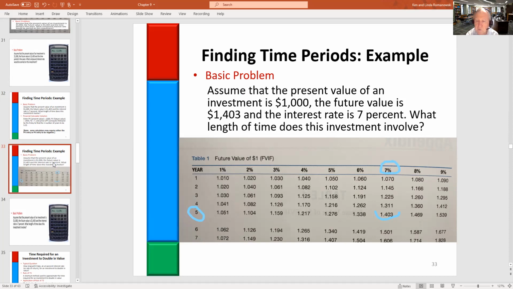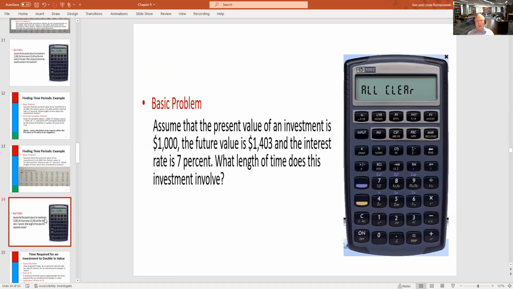Okay, so you look for 1.403 under 7%, and sure enough, on the far left listing, you'll see 5 years in that particular column.